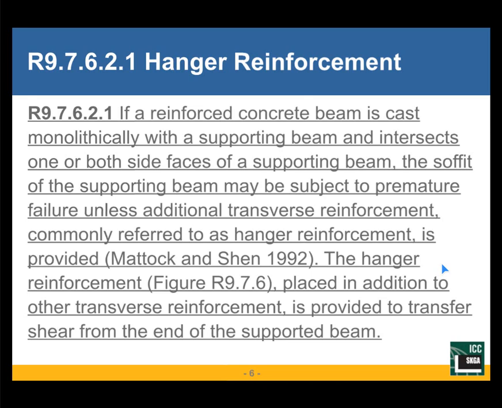In pretty much every other document, the commentary sections are C something. In ACI 318, they are all R. The R stands for report. If you look at ACI 318-19, every page is in 2 columns. The left-hand column is actually the ACI 318 standard, which eventually becomes legal code by adoption.